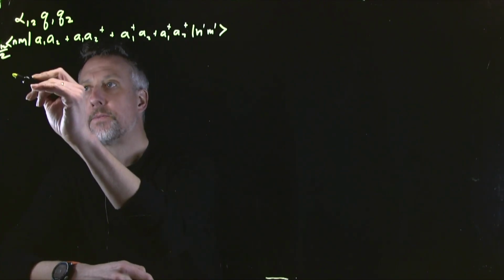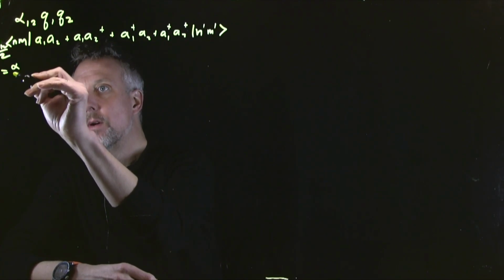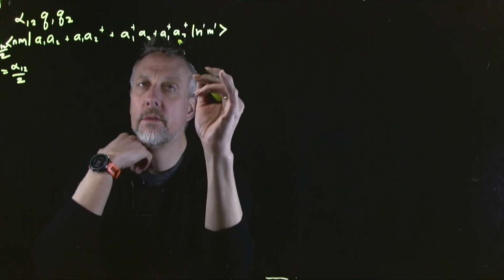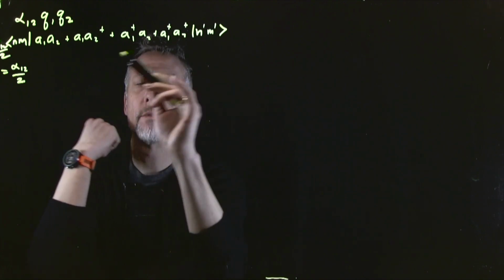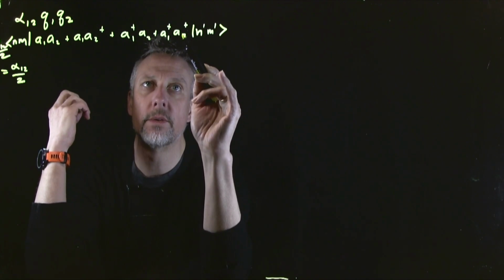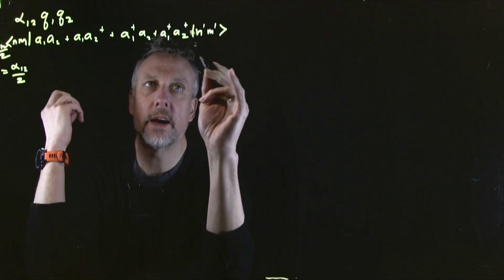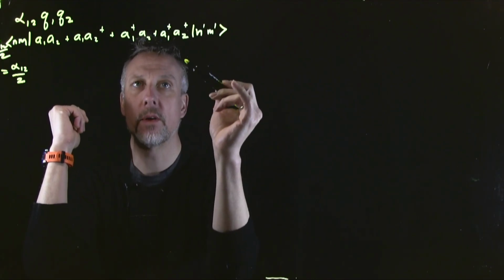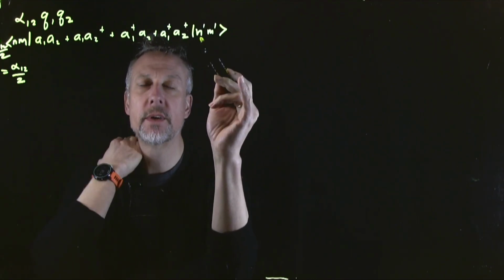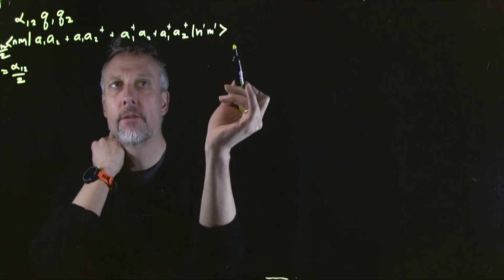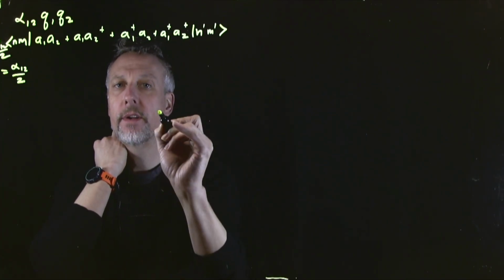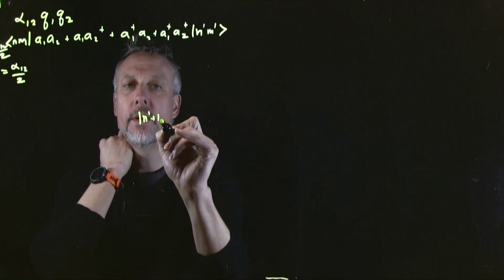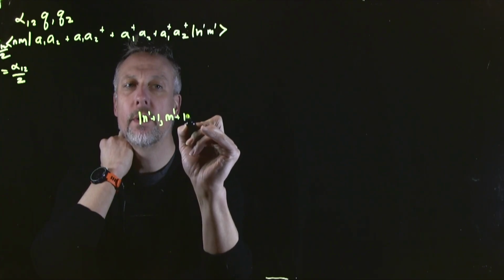Okay, so this is equal to all the constant stuff again, and what we're going to do is write down the terms. We're going to go from right to left. Remember, A2 dagger makes M' go up, and A1 dagger makes N' go up. So for the first term on the right, I'll do it down here, we're going to have N' plus 1, M' plus 1.